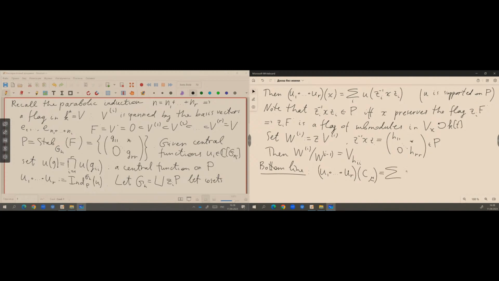the sum of certain structure constants, g of mu1 through mur, and then you take u1 over the partition class C_mu1 times so on times ur of the conjugacy class corresponding to partition mur.